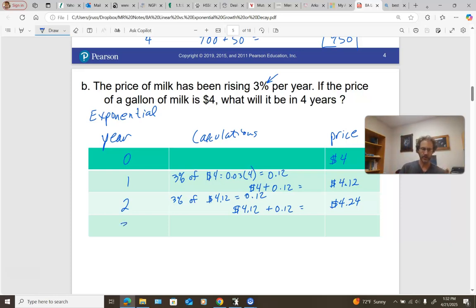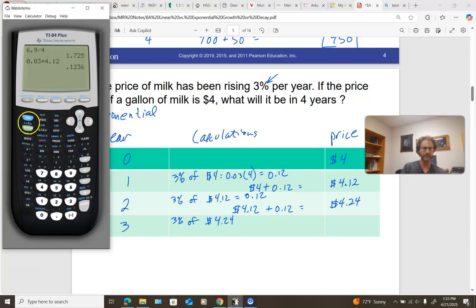All right, so what about year 3? Well, the same thing. We need to find 3% of our new price, which is $4.24, and I'm going to use the calculator again. I'm going to hit second enter, and that will allow me to just change the price.